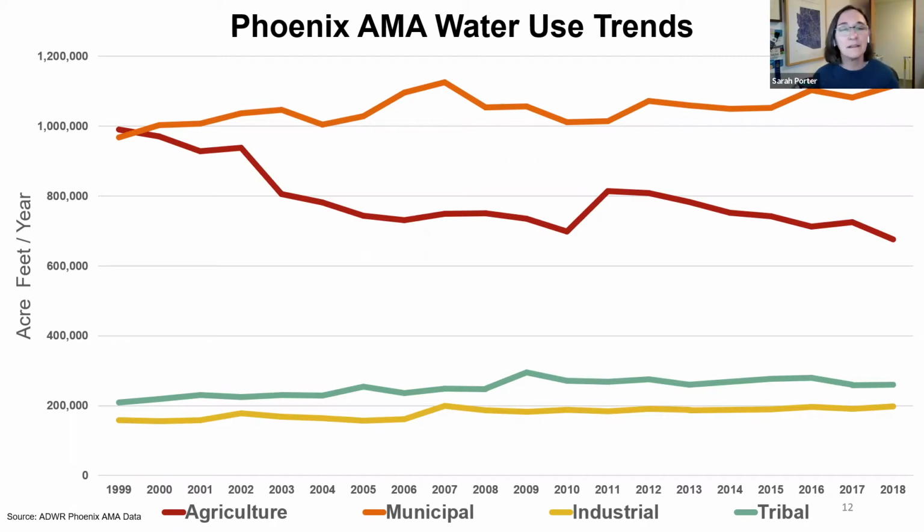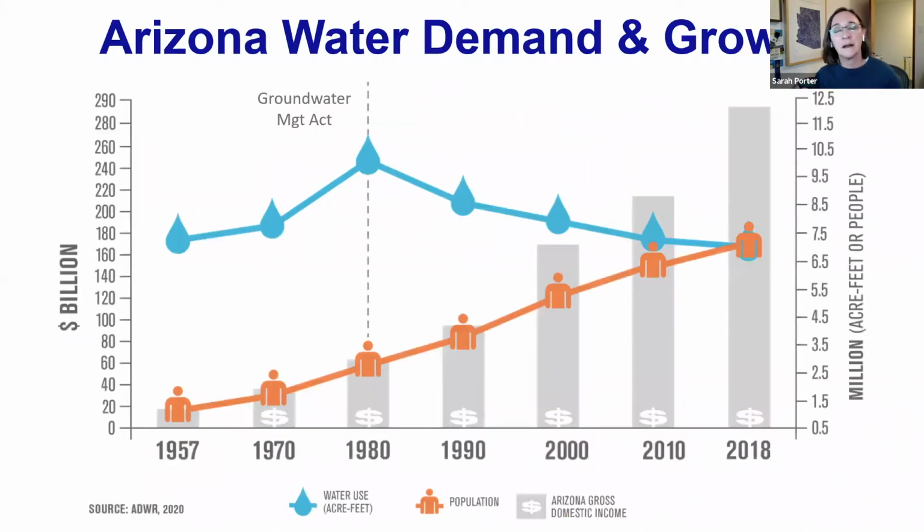And then finally, that all is summed up by the next slide, the Department of Water Resources story here in this interesting visual. This compares growth in the economy as represented in the gray bars with growth in population, the little orange line with the human half figure, and then the changes in water demand statewide from the mid-50s to 2018.